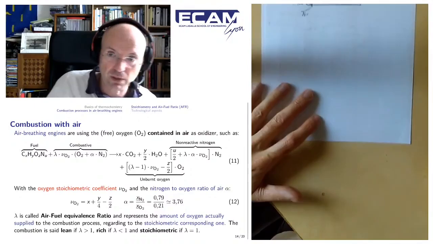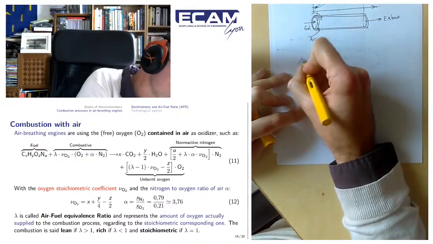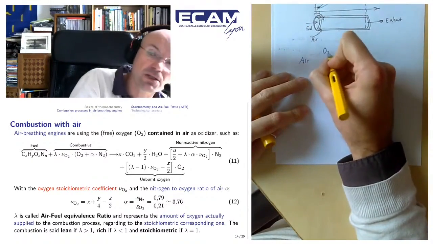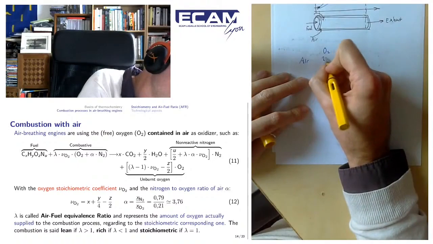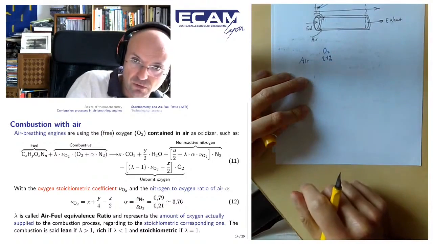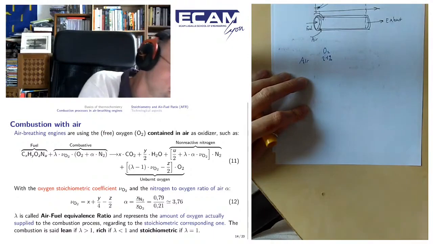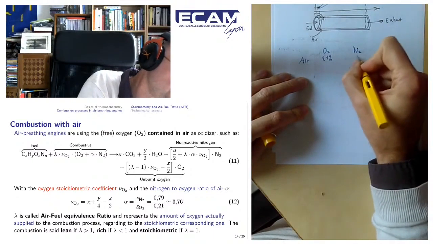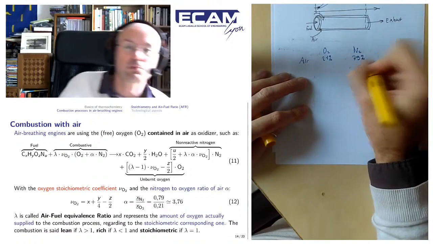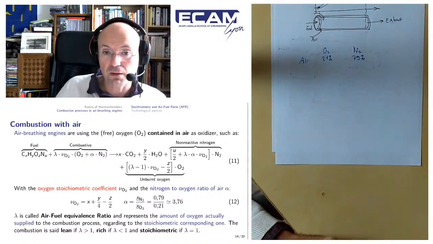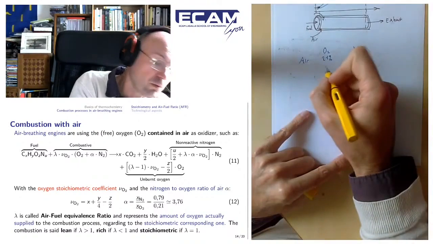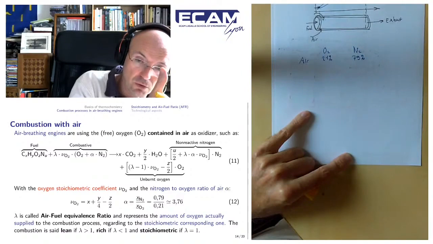So in air, oxygen is present at a level of 21% in molar fraction, and the simplified air has 79% of nitrogen in molar fraction. Now what I want is to have 1 mole of oxygen.